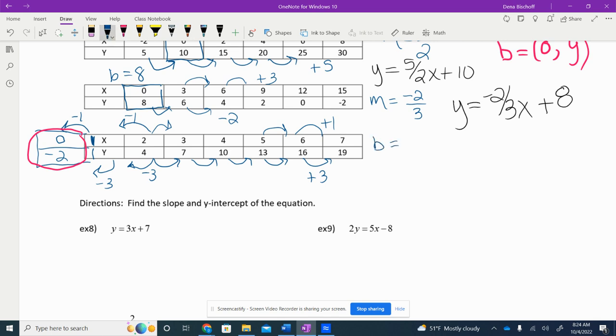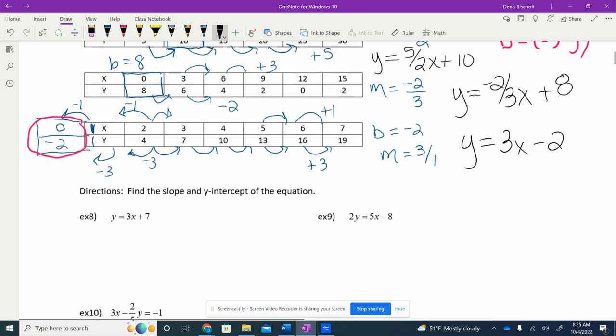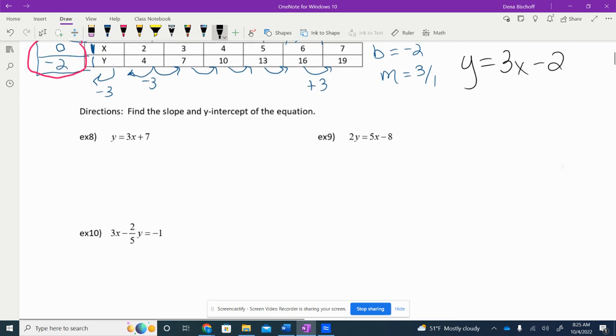So our y-intercept is -2, and we know that our slope is 3 over 1. Does that make sense how we worked backwards using slope? Okay, so my equation is going to be what? Awesome, y equals 3x minus 2. How do we feel about that?